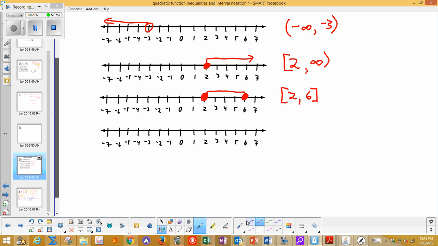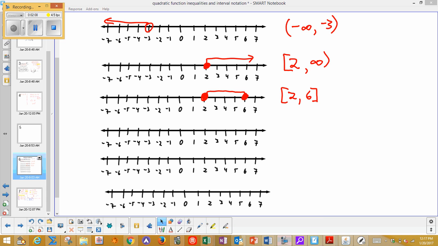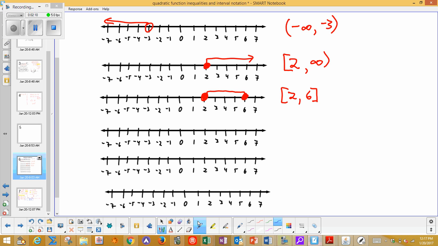Suppose we have, pause it. All right, if we have sort of disjoint sets, so maybe we have from 2 to infinity, but also from -2 to -infinity, including -2. I start from the left, so I'm going to have -infinity to -2 with a closed bracket because it includes -2.